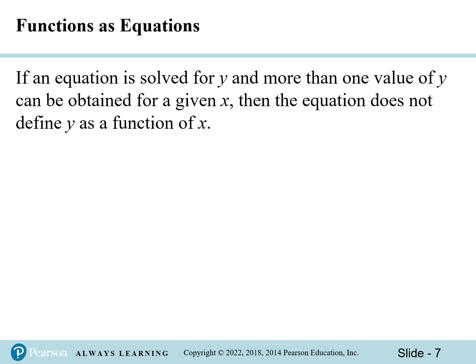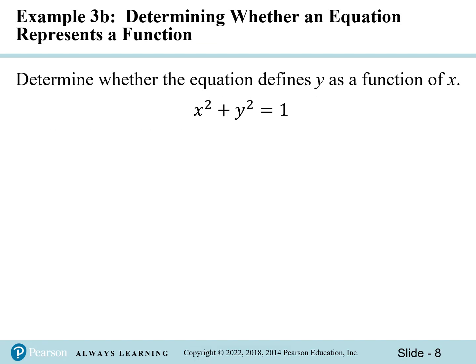Functions as equations. If an equation is solved for y and more than one value of y can be obtained for the given x, then the equation does not define y as a function of x. So for example 3b, determining whether an equation represents a function. If I have x squared plus y squared equals 1, solve for y.